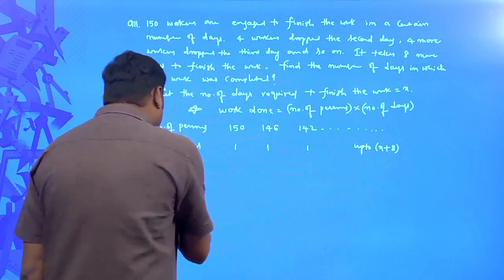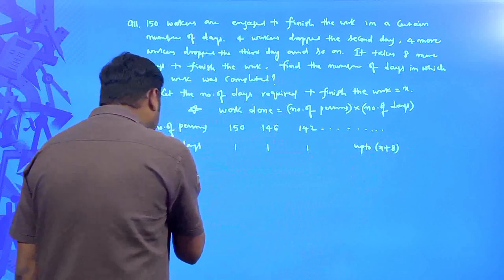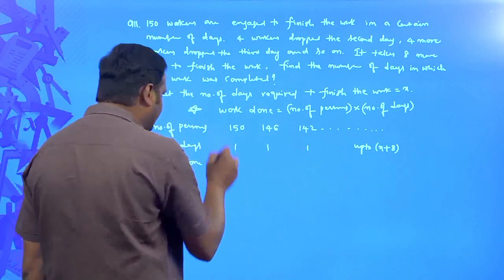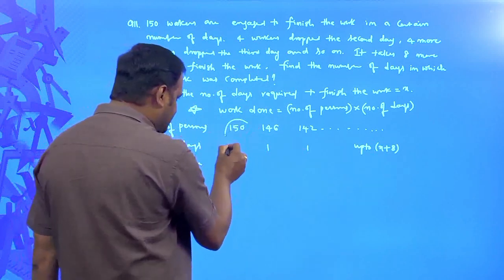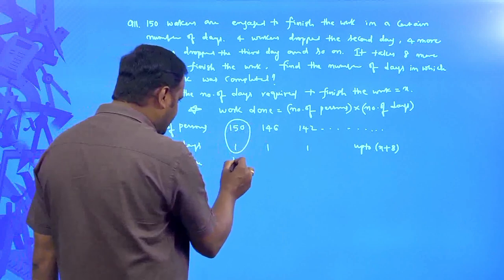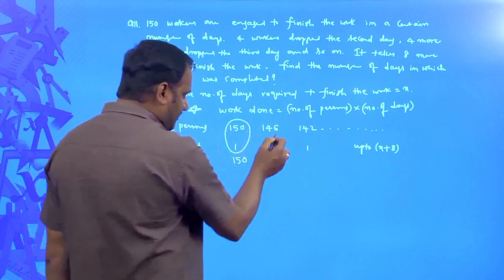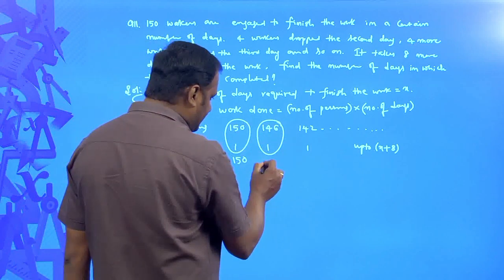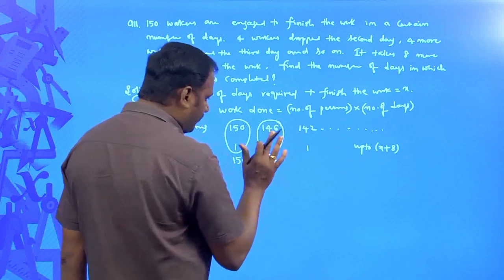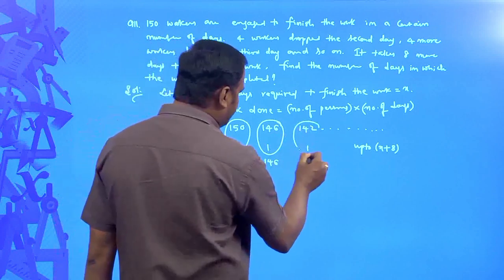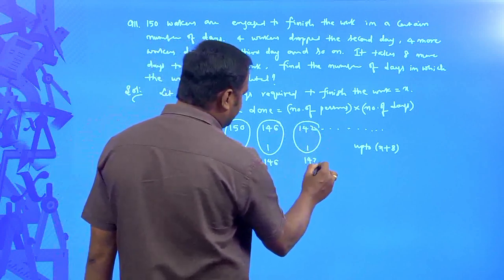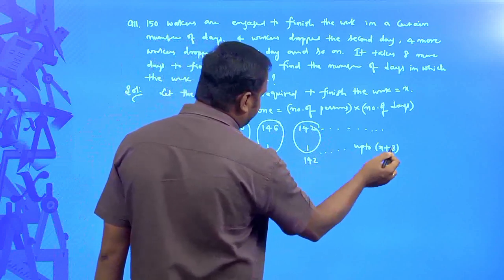See, if I calculate what is the work done here. The work done in these days by 150 members in one day is 150 into 1. By 146 members in one day, 146 work is done. 142 in one day, 142 work is done, and so on. How many days are there?